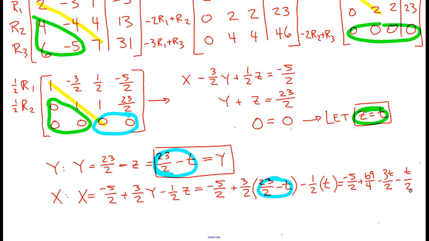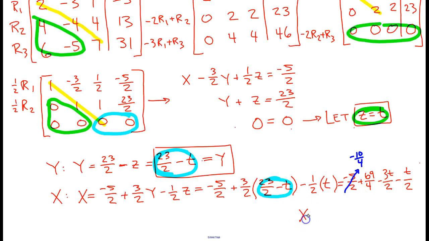So let's see if I can simplify any of this. Negative 5/2 is really like, I call that negative 10/4. So I can rewrite negative 5/2 as negative 10/4. And the reason why I did that is because that gives me a common denominator with 69/4.